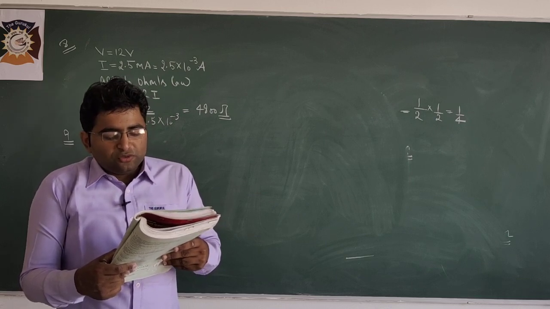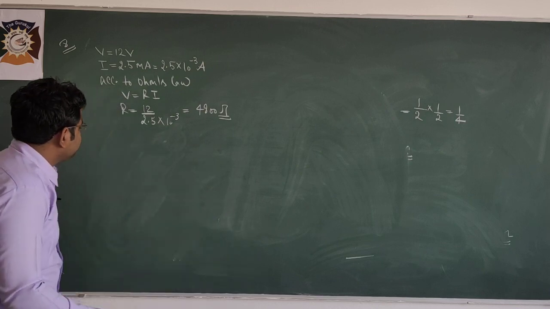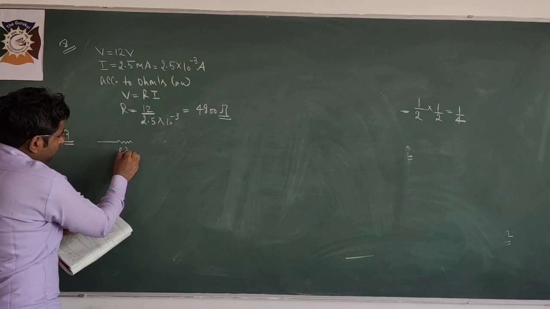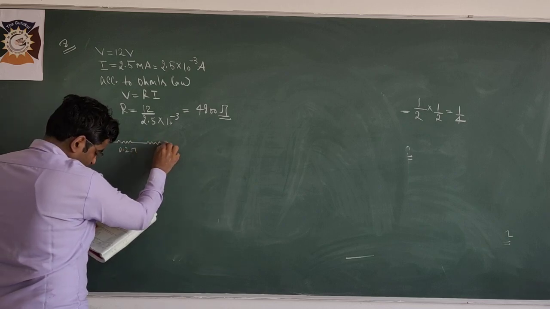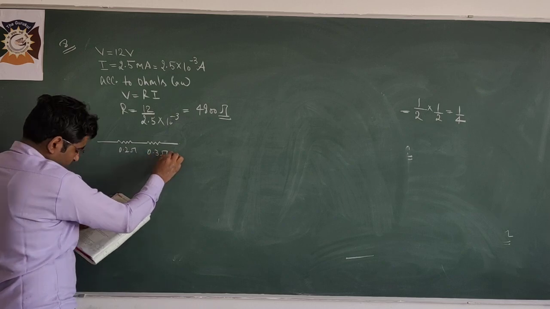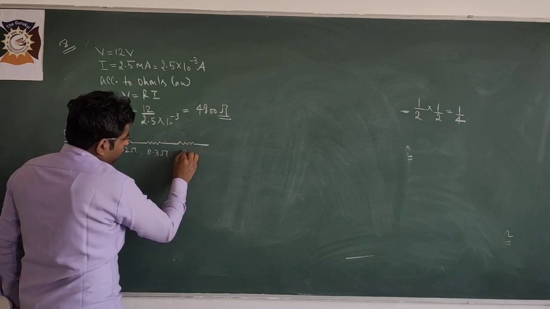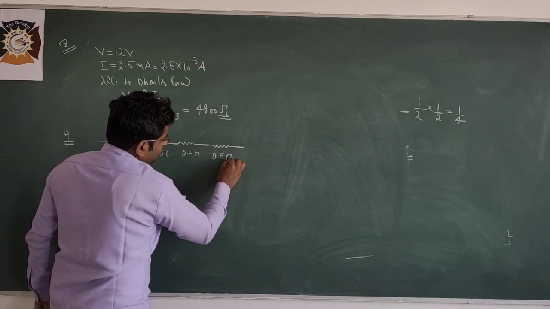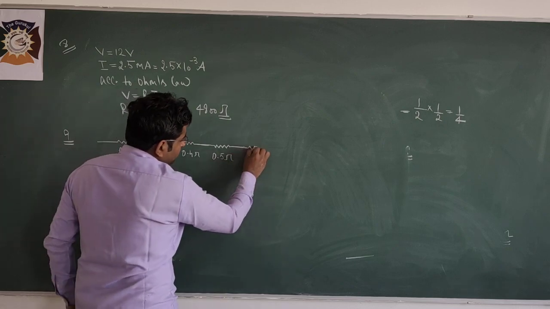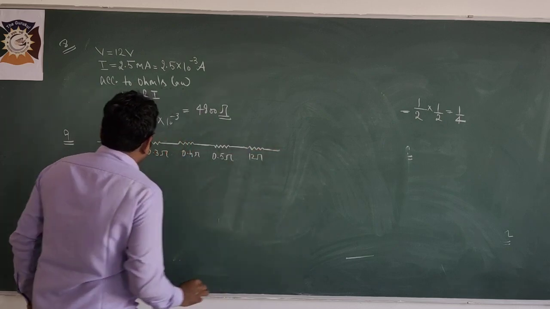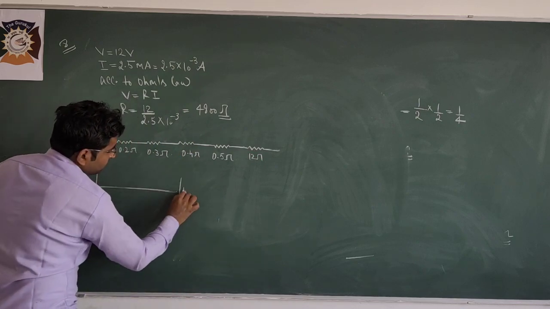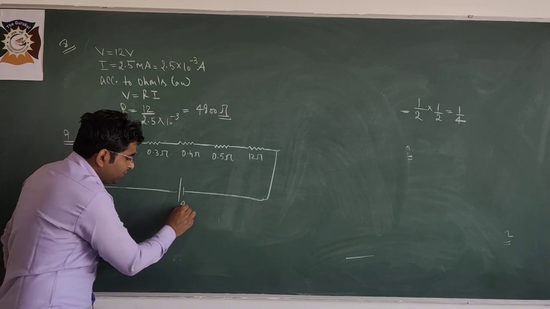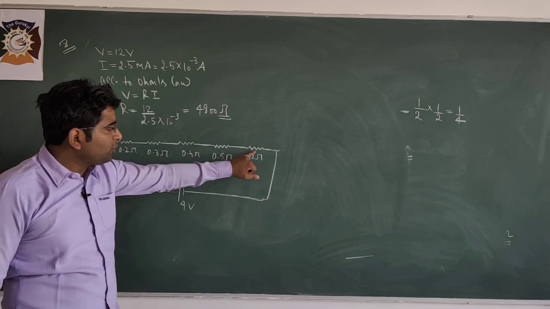How much current would flow across the 12 ohm resistor? 0.2 ohm, 0.3, 0.4, 0.5 and 12 ohm. They are connected across voltage 9 volt, and you have to tell the current across 12 ohm.